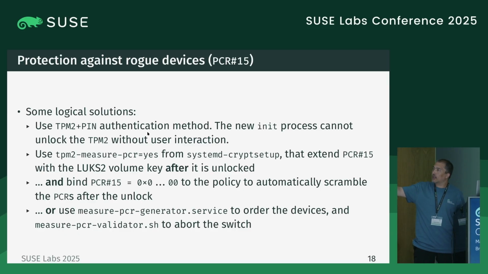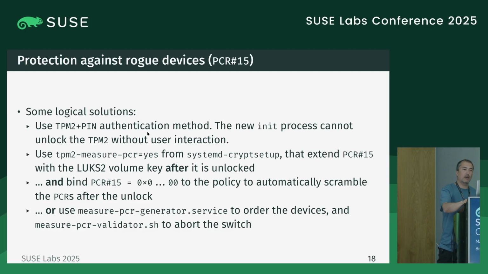So for that, we created a new service that is going to be executed just before the switch root that is going to validate the status of the prediction of PCR 15 alone. So the process now is that the device or devices are going to be unlocked, but before delivering the execution into those devices, a new check is going to happen. And there is also a service that is going to put order on how the devices are opened, meaning that PCR 15 is completely and fully predictable.